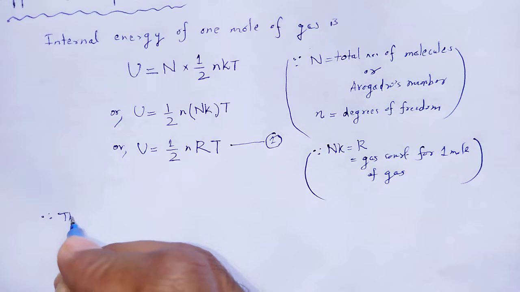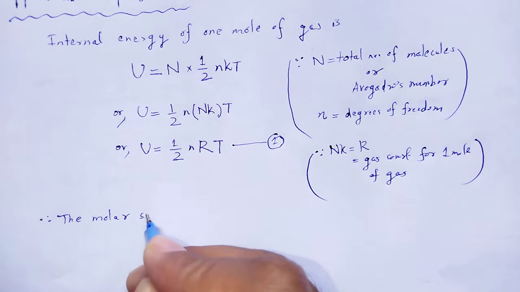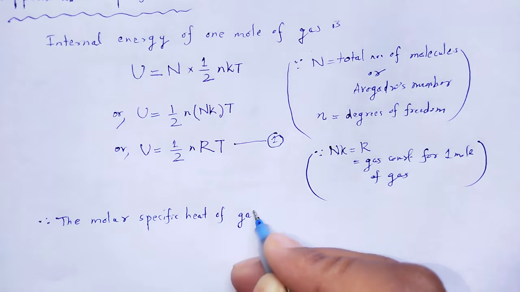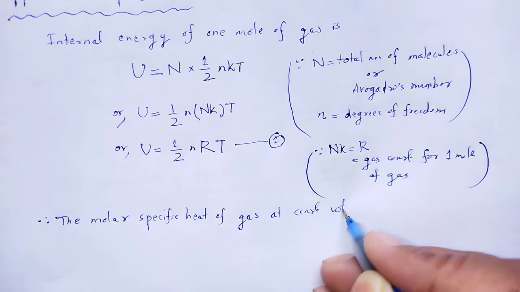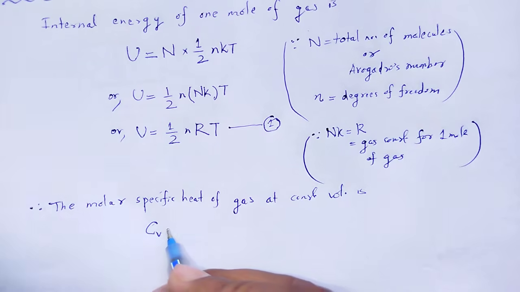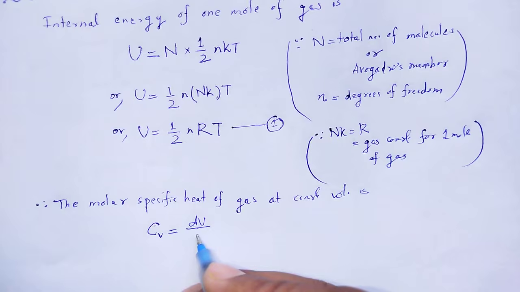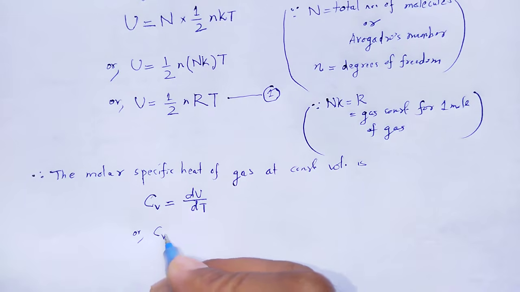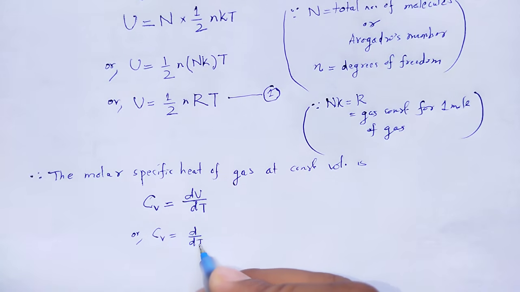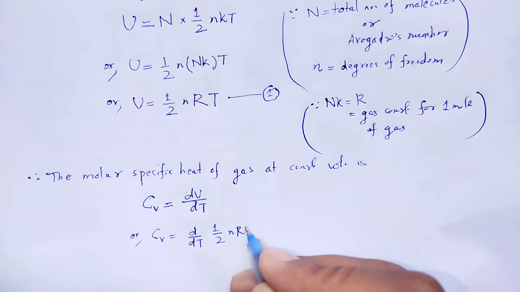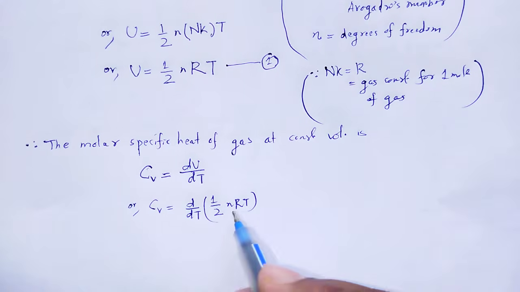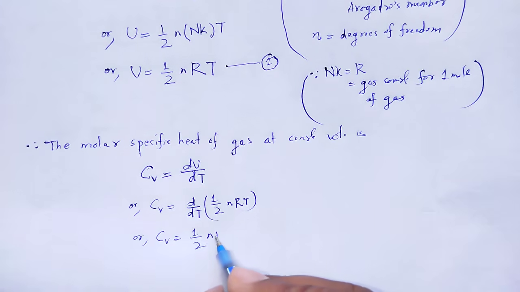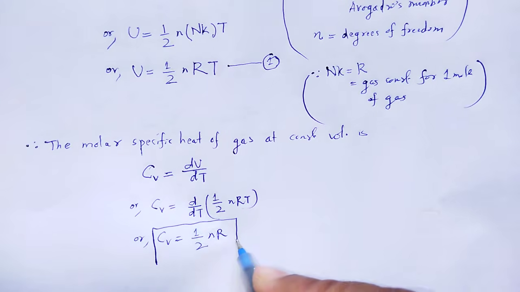Therefore, the molar specific heat of gas at constant volume is Cv, that is dU by dT at constant volume, equal to d by dT of the expression of U, that is half nRT, with respect to T. Other terms are constant, so Cv is half nR, that is the expression for Cv.